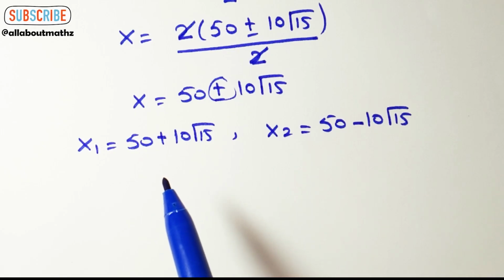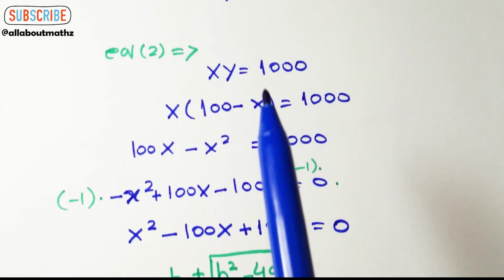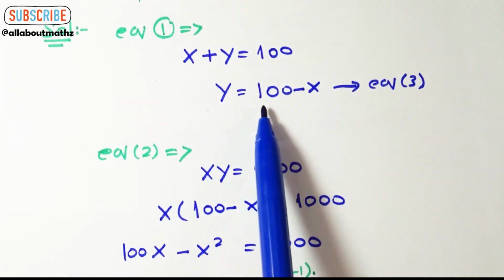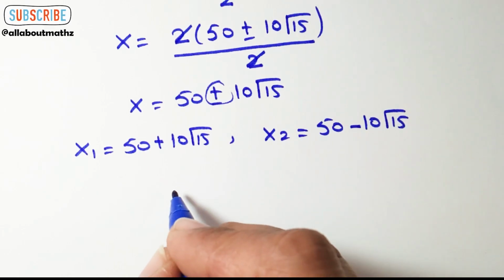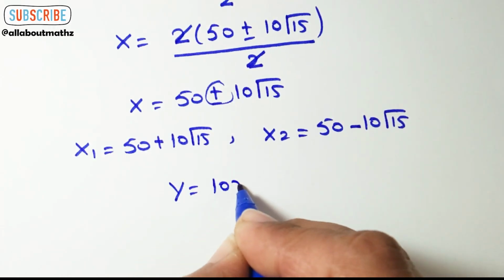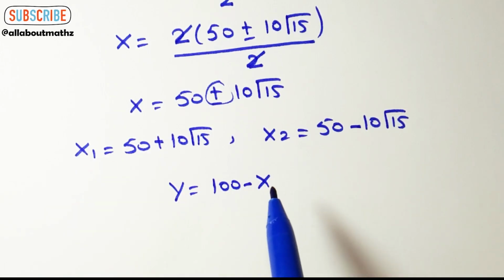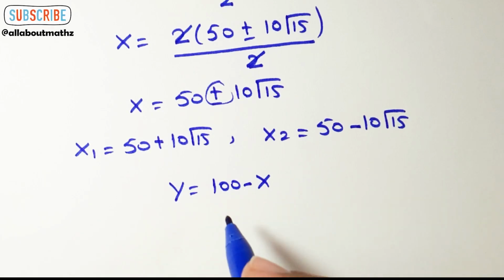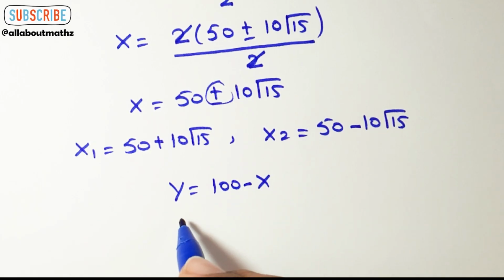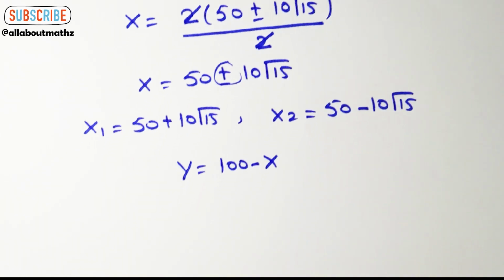For this we will use equation 3, that is y is equal to 100 minus x. So we will put these two values in place of this x, and we will get both values y1 and y2.